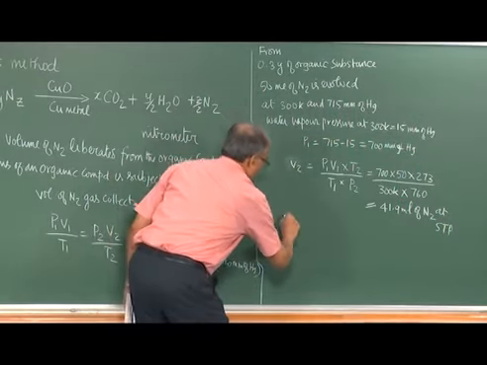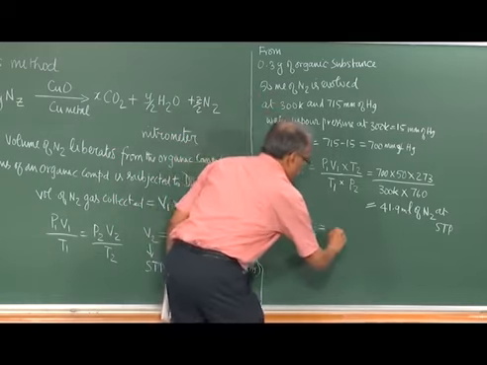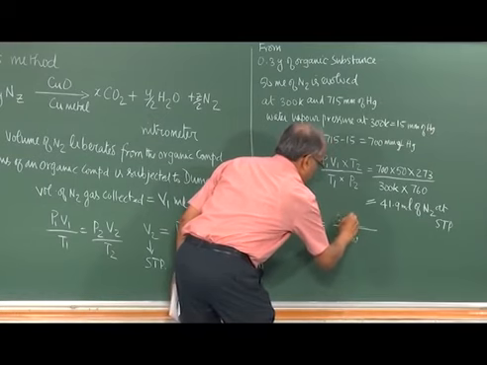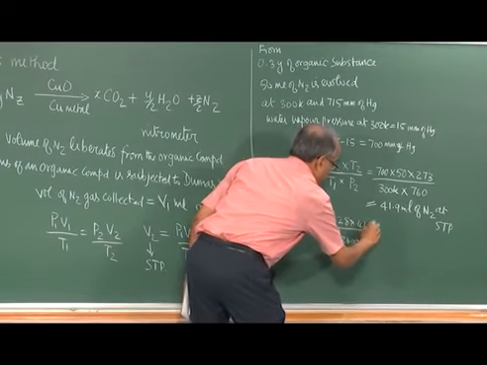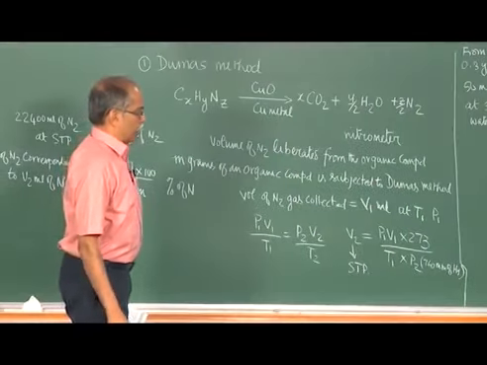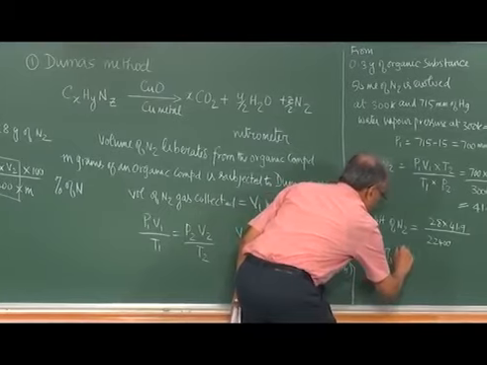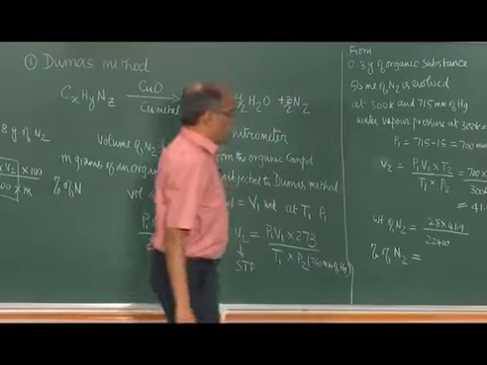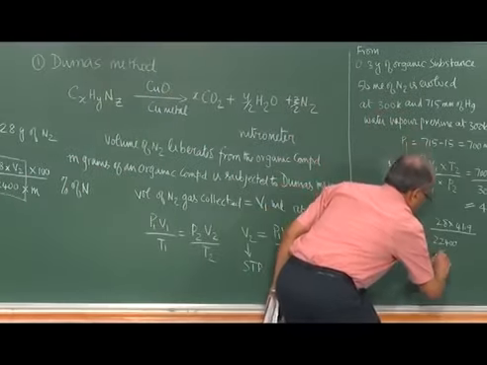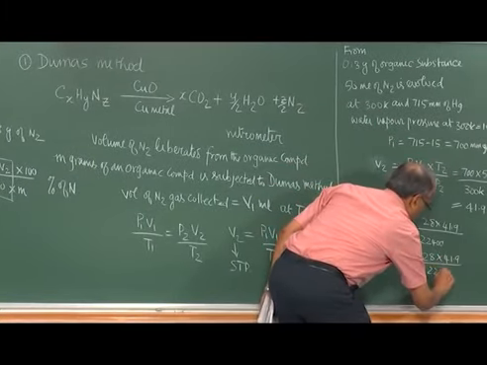Therefore, the weight of nitrogen is equal to, for 22,400 milliliters it corresponds to 28 grams. Therefore, for 41.9 milliliters, how much does it correspond to? One can solve this particular arithmetic problem. The percentage weight of nitrogen present in the entire mass taken, the mass taken being 0.3 grams, is 28 multiplied by 41.9 divided by 22,400.